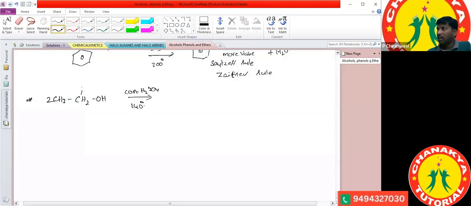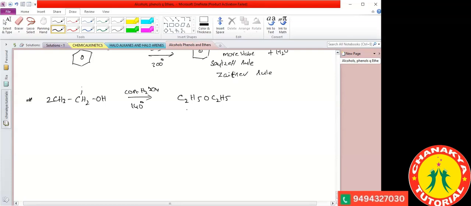At 140 degrees centigrade it also undergoes a dehydration reaction, but in this case it forms an ether. What is the product? It forms C2H5, O, C2H5, that is diethyl ether.